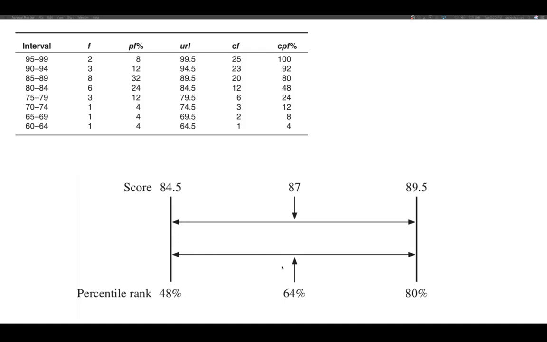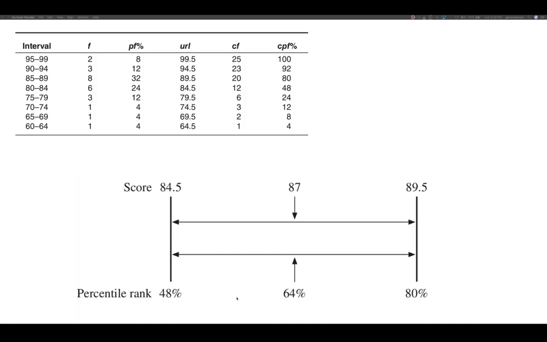64%. You get 64 when you add 48 and 80 and then divide by 2. So 48 plus 80 is 128, and you divide it by 2, that is equivalent to 64.